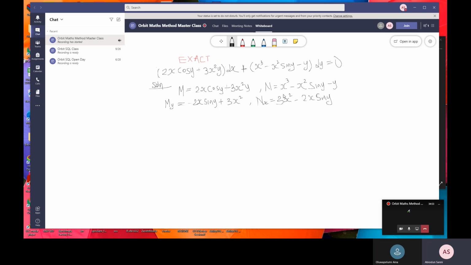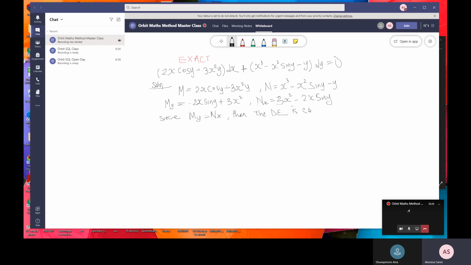This implies that they are exact because obviously we have the same thing. So since My equals Nx, then the differential equation is exact.